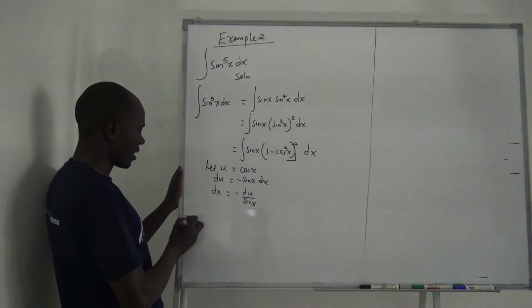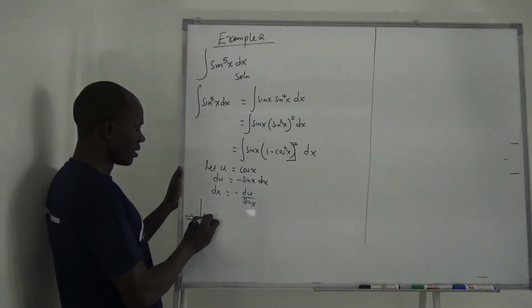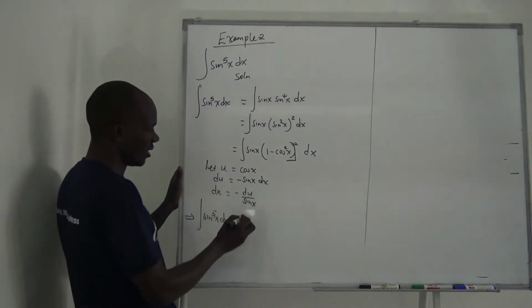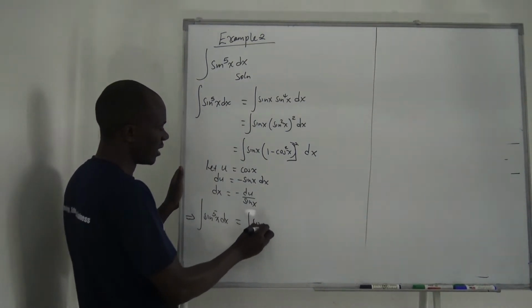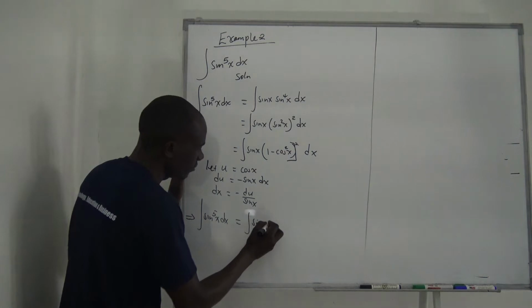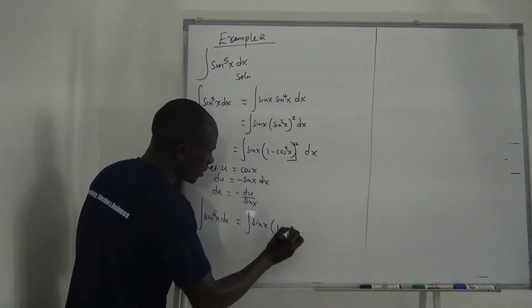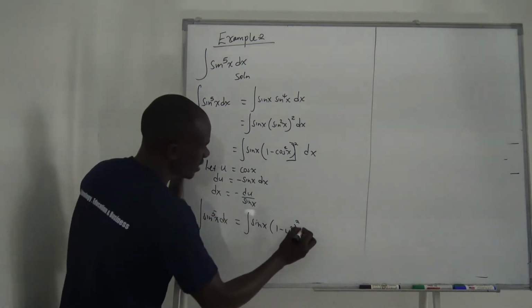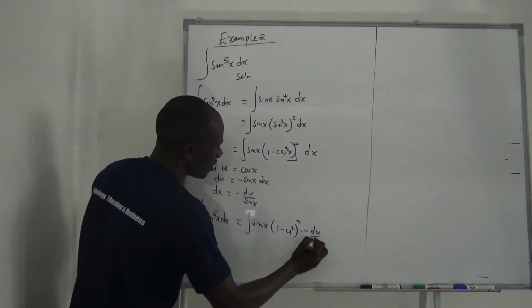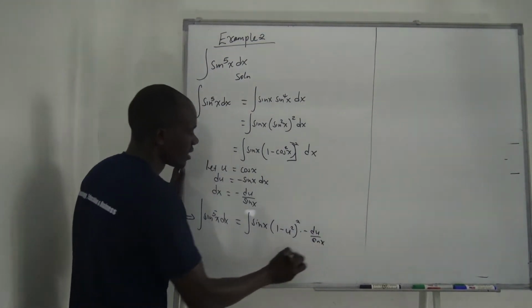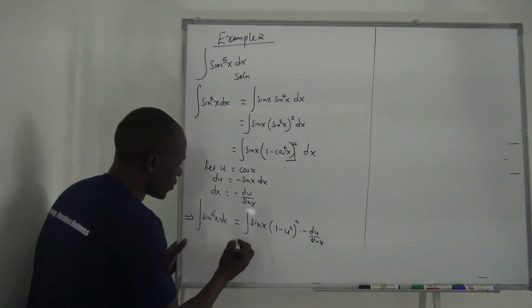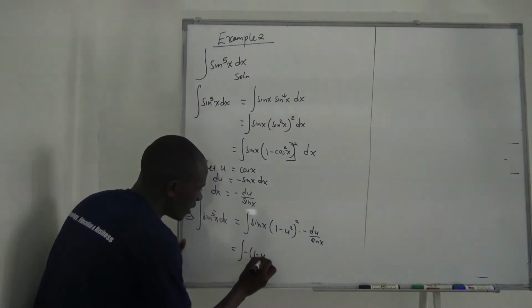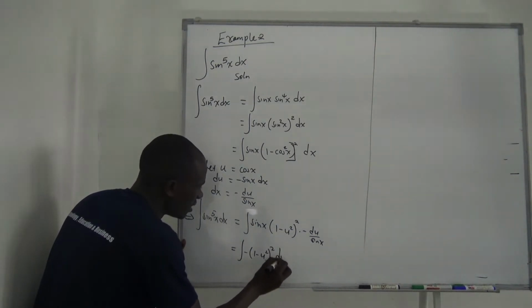We go back. This implies that integral of sine power 5x dx equals integral of sine x, very good, into 1 minus u squared, squared, times, where there is a dx, we put negative du out of sine x. The sine x cancels, and we remain with integral of negative into 1 minus u squared, squared, du.